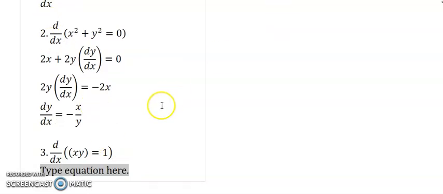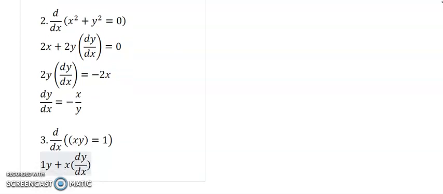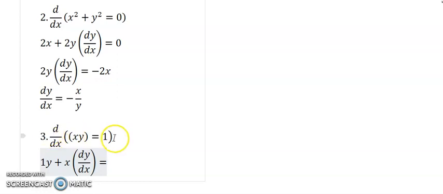We will derivate x, and the derivative of x is 1, keeping y constant, times y, plus, this time around we keep the variable x constant, x times the derivative of y, but the derivative of y is nothing but dy over dx, equal to the derivative of 1. 1 is a constant, guys, so the derivative of 1 will give us 0.